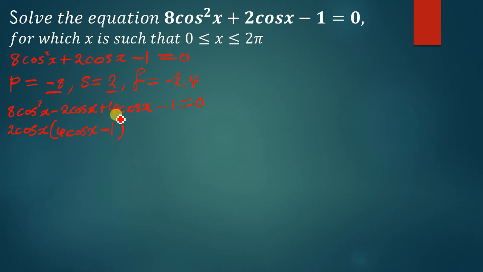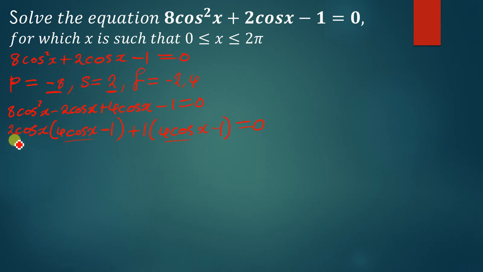Then we do the same here. What is common between 4 cos x and -1 is simply +1, and then we open brackets, we have 4 cos x, then -1 is equal to 0. Whatever you find here should be equal to what is there. Once you find that they are different, then know that you've made a mistake somewhere.